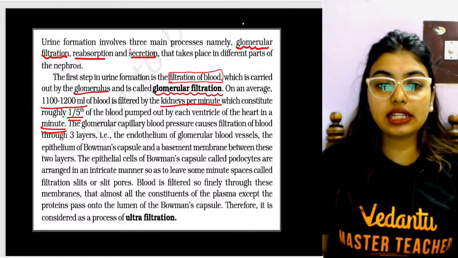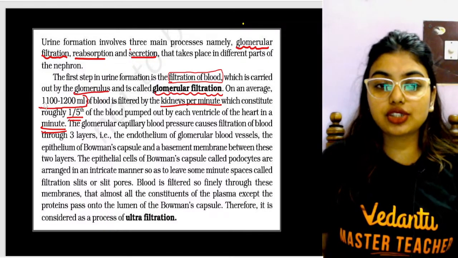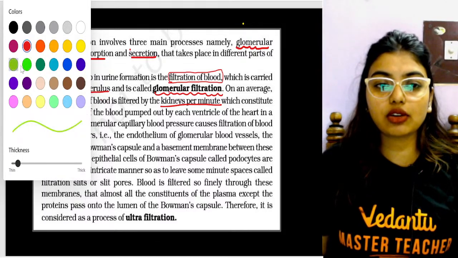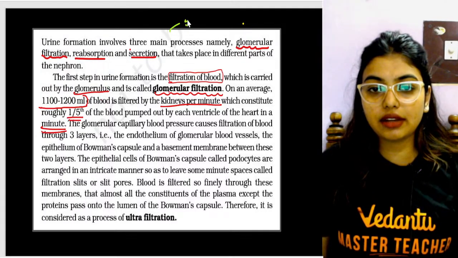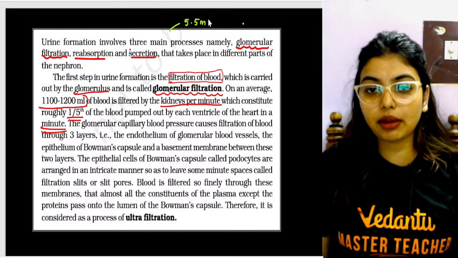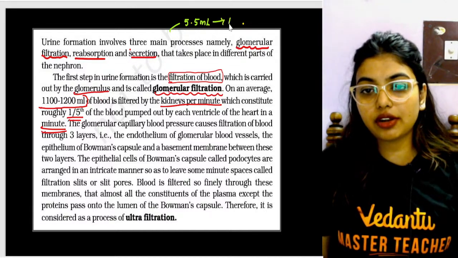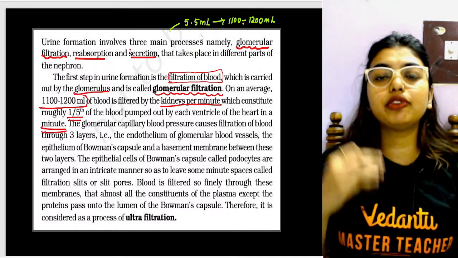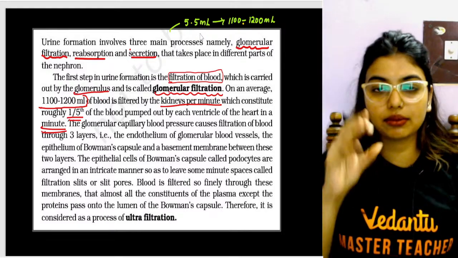If this is one-fifth, you just have to multiply by 5, so approximately 5.5 litres is pumped, out of which 1100 to 1200 ml is filtered per minute by the kidney.